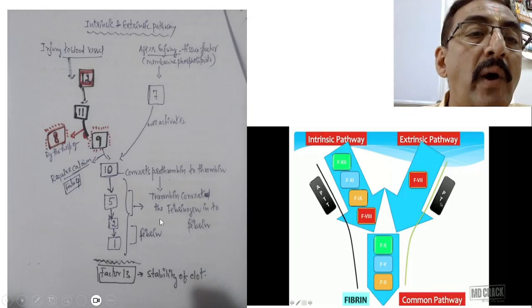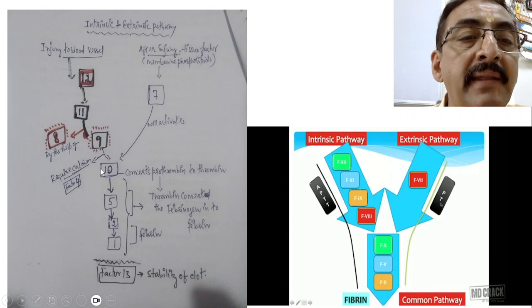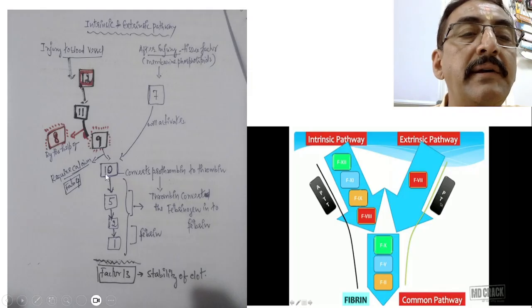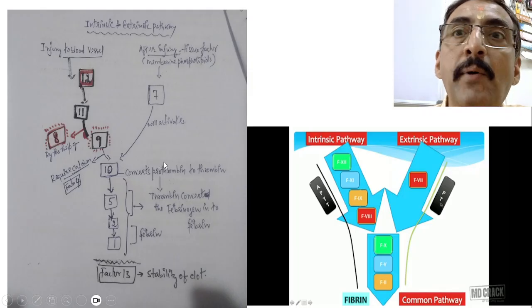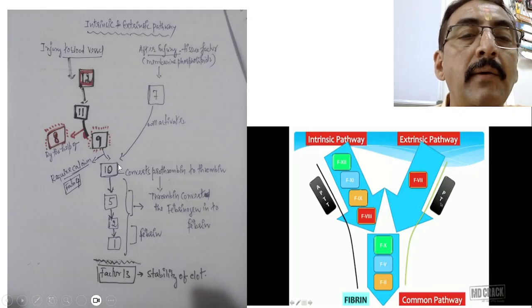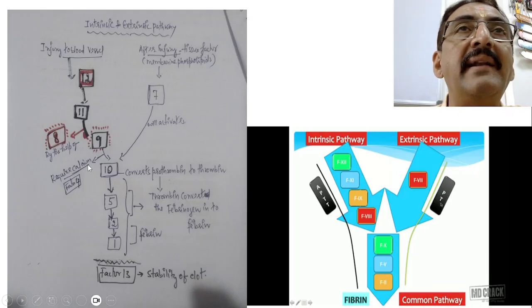Anyway, once factor number 9 is activated, then there is activation of factor number 10. But important is, for the activation of factor number 10 we need calcium.